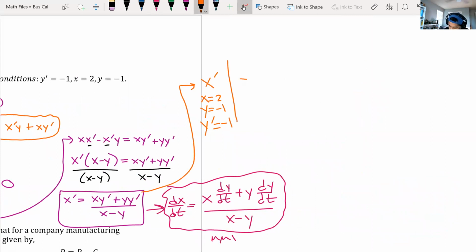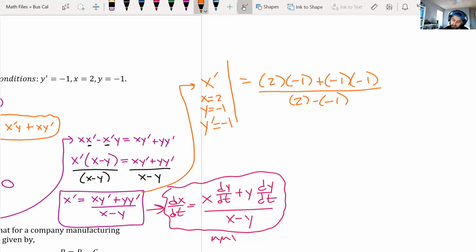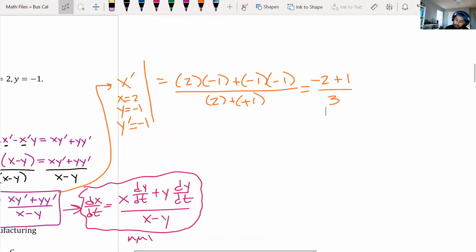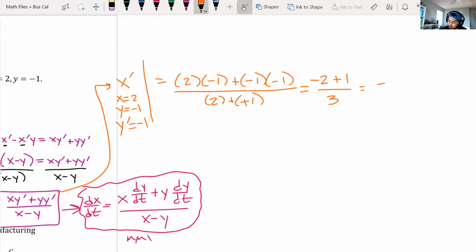So this is going to equal 2 times -1 plus -1 times -1 over 2 minus -1. So we're just plugging in the given values for x, y, and y prime. The numerator, you'll get -2 plus 1 over plus 3. So our answer here is just -1/3.